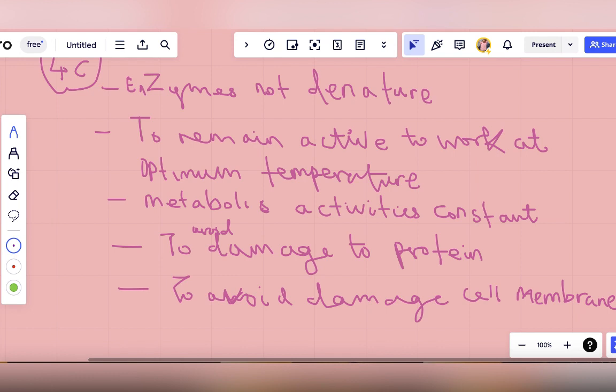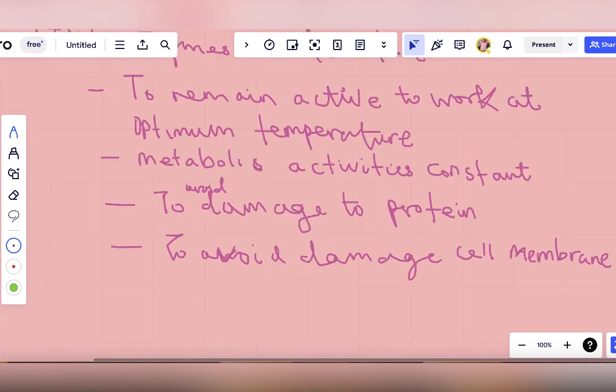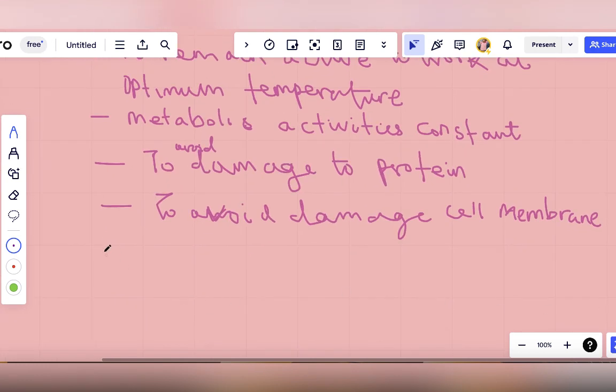This one we need to state: to avoid body overheating. You know the way a car overheats? The body can overheat. You see overheating, the way it's dangerous to a car. When our body is overheating, it's very dangerous.